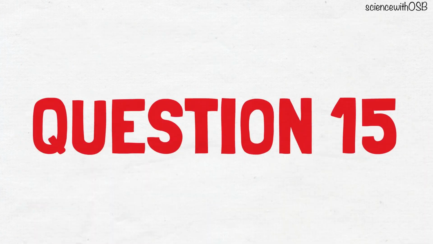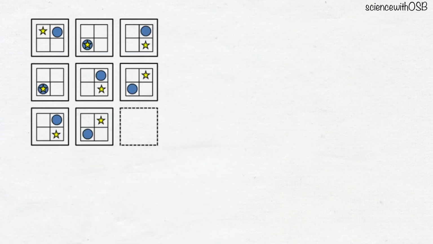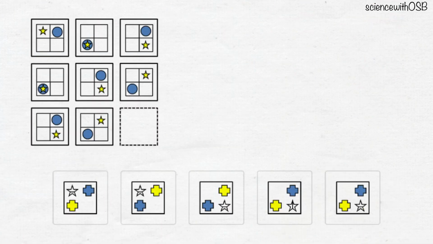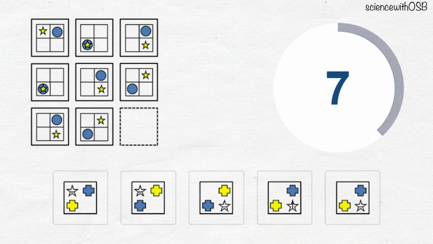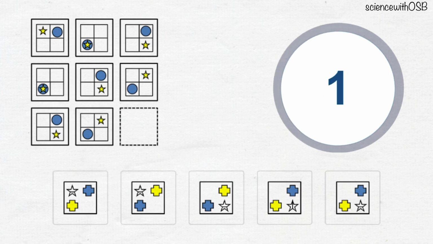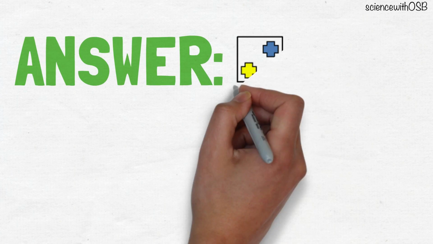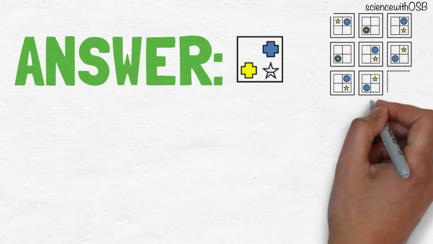Question number 15. Observe the matrix closely. Here, the correct answer is 5. Why so?